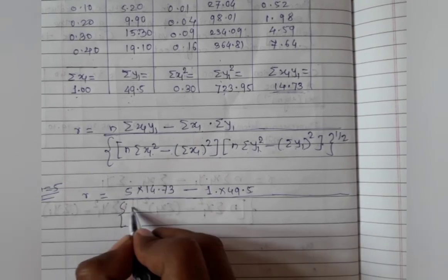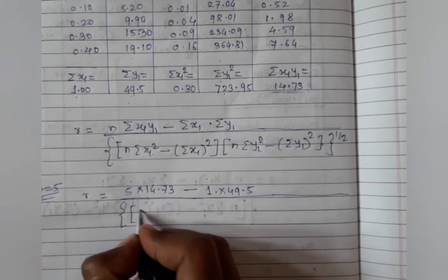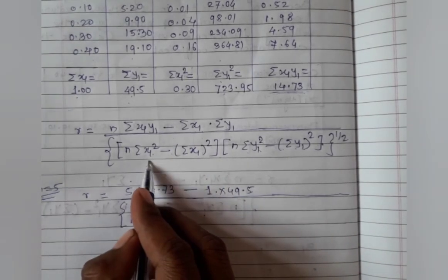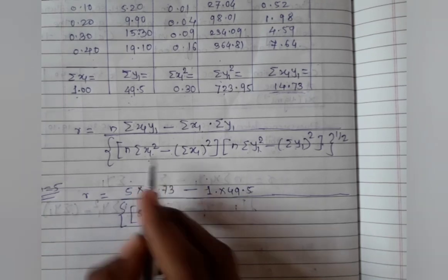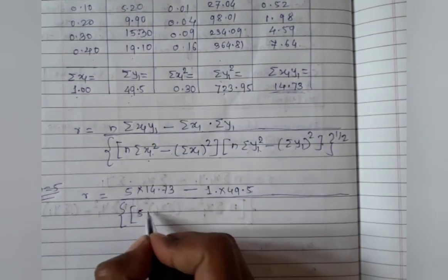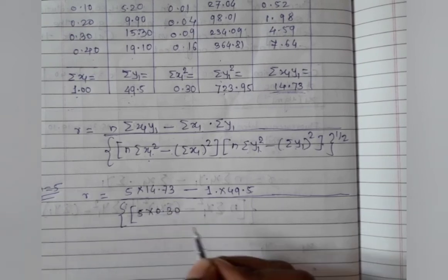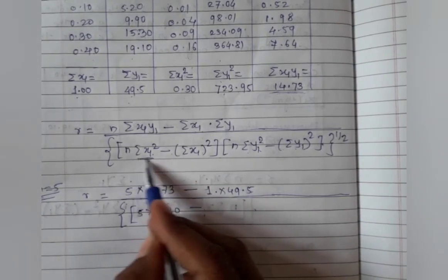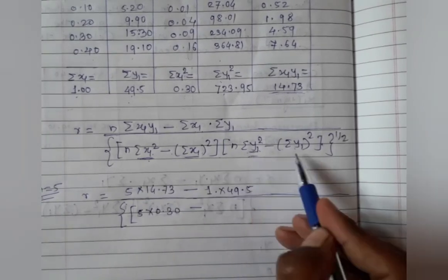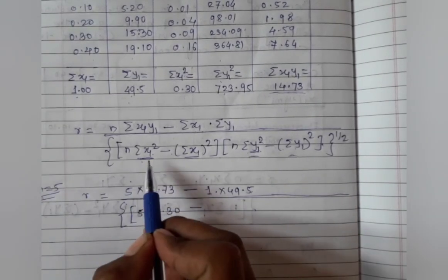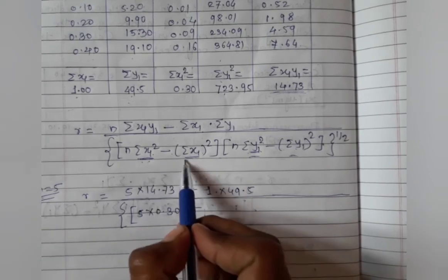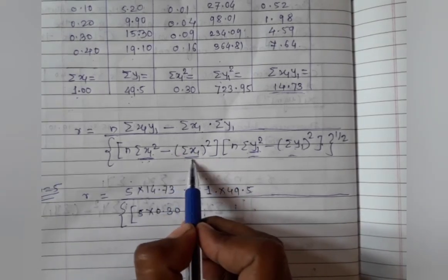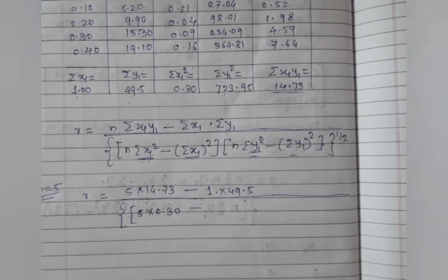Divided by, in curly bracket, first square bracket, 5 into summation of x1 square. The summation of x1 square value is here 5 into 0.30 minus, see here carefully, these two values are different. Here directly summation of x1 square is given, but here only summation of x1 is in bracket, and then we have to do its square.